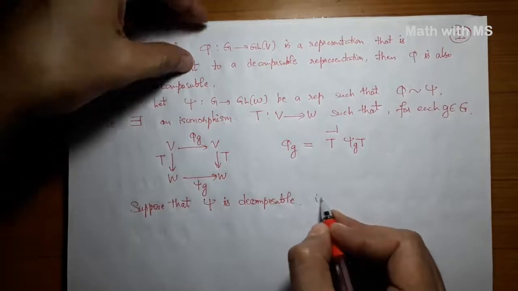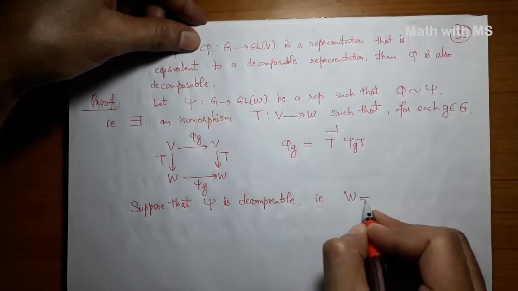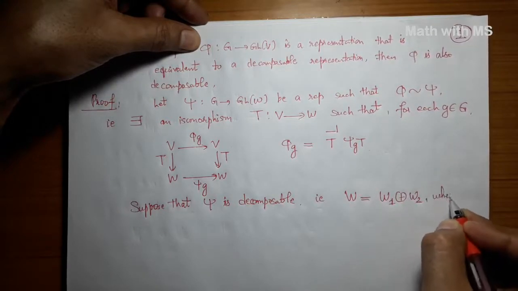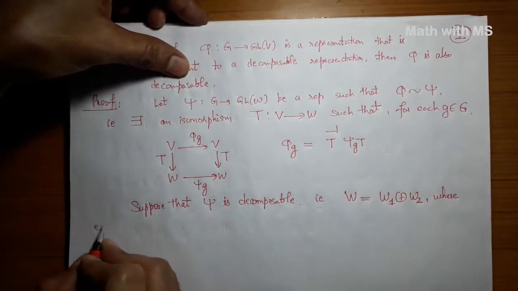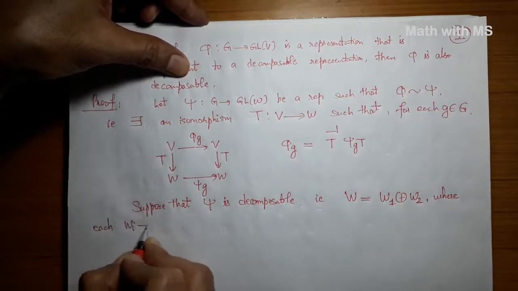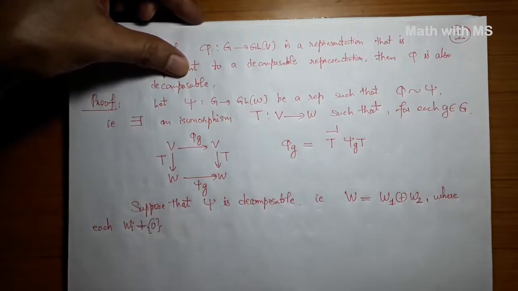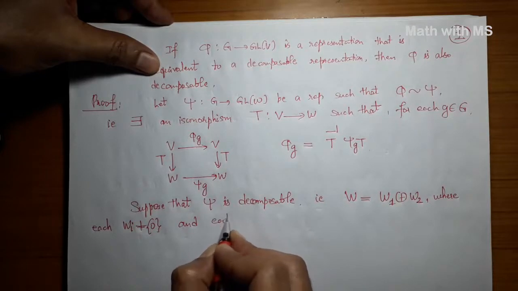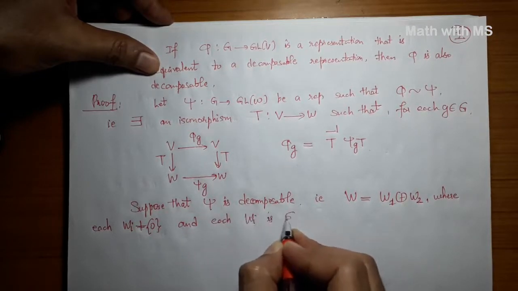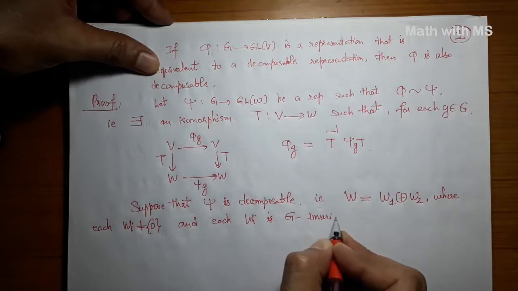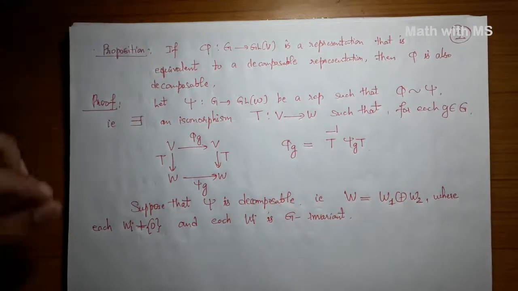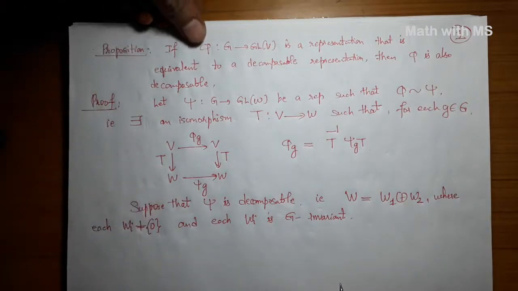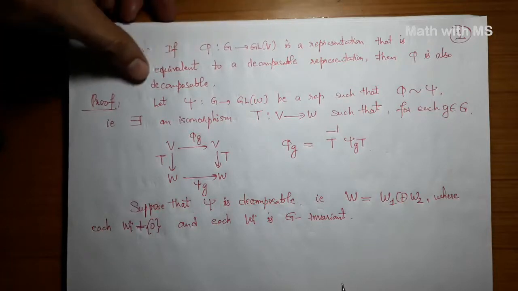That means I can write my vector space W as W1 direct sum W2, where each Wi is not equal to 0, and each Wi is G invariant. That is, I can decompose my W as a direct sum of two proper G invariant subspaces.